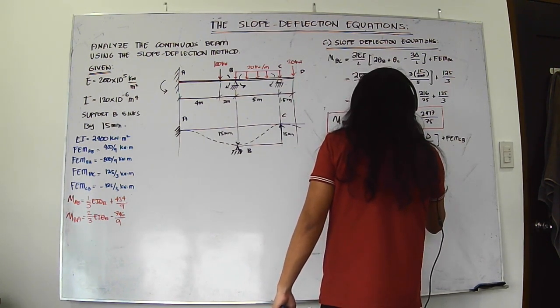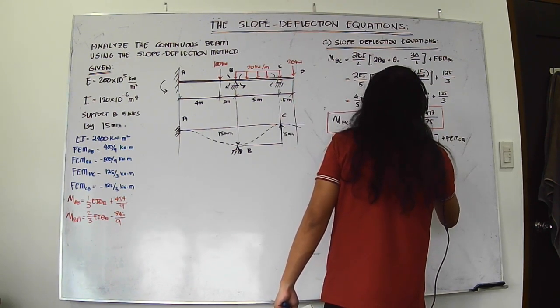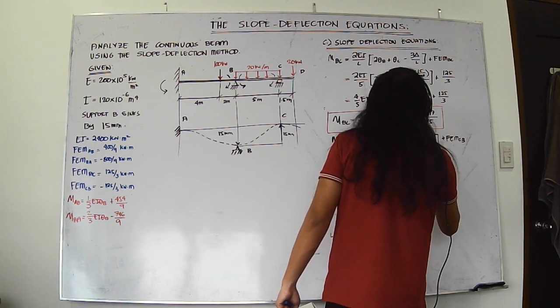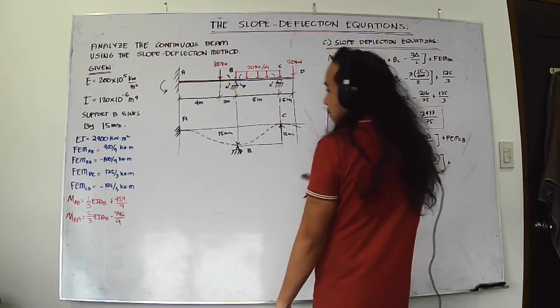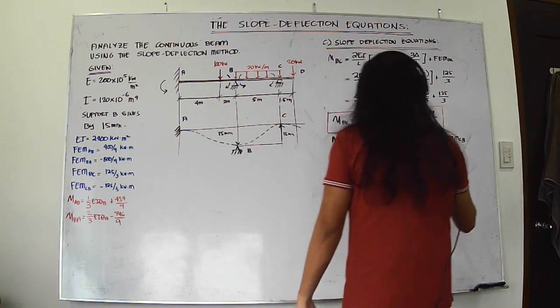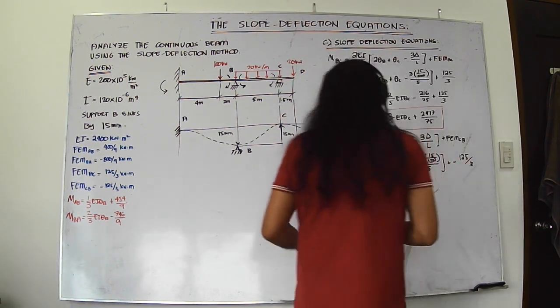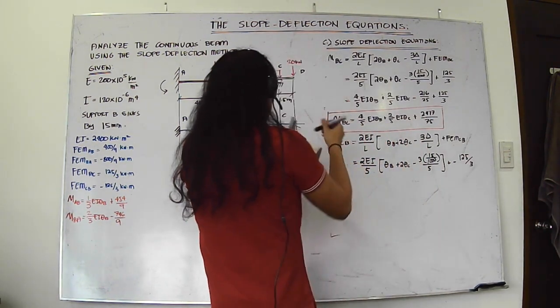Plus C minus 3 times 15 divided by 1000 over 5. MCB is equal to negative 125 over 3.